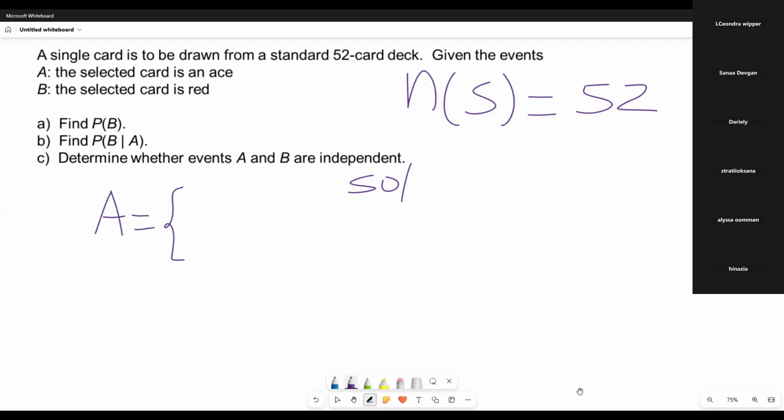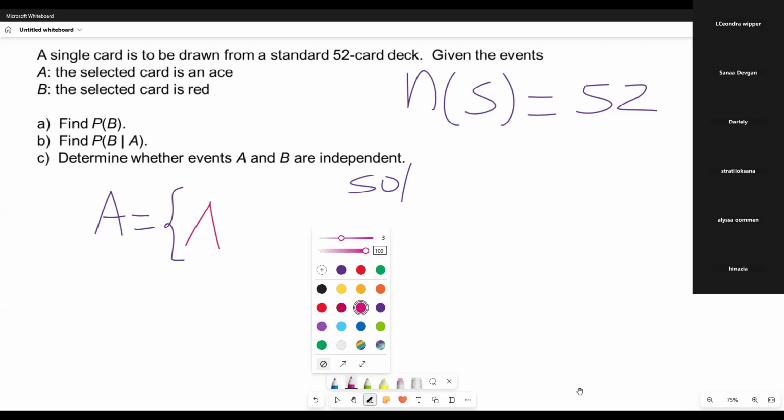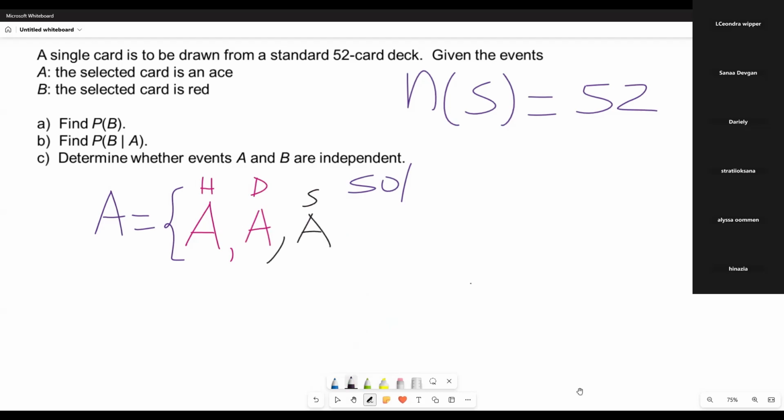Talking about ace, we got the ace of heart and ace of diamond, they are red.